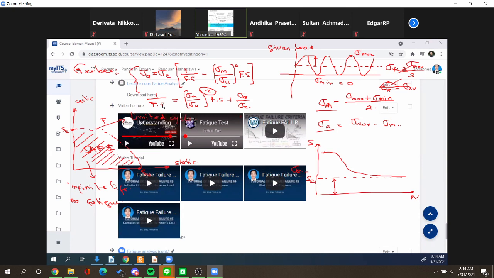And we must calculate this cycle to estimate the lifetime of the product. Okay, so this line belongs to Gerber.